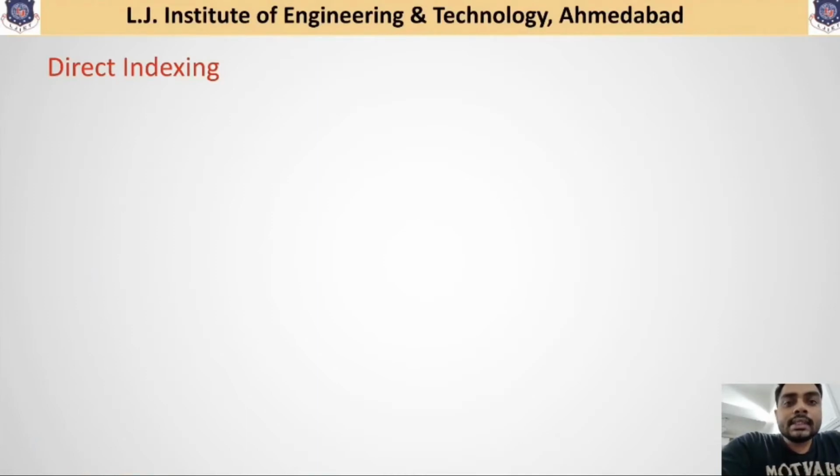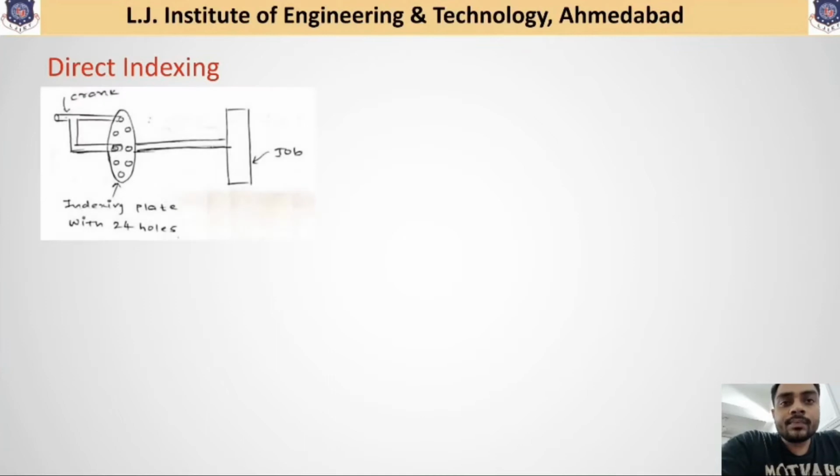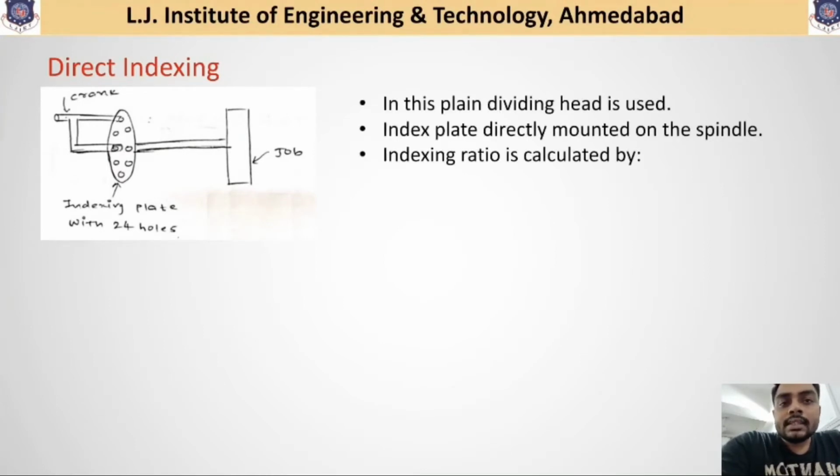To understand direct indexing, let us have a look at this figure, and as you can recall, this figure is similar to the plain dividing head. In the direct indexing method, the plain dividing head is used, and the index plate is directly mounted on the spindle.